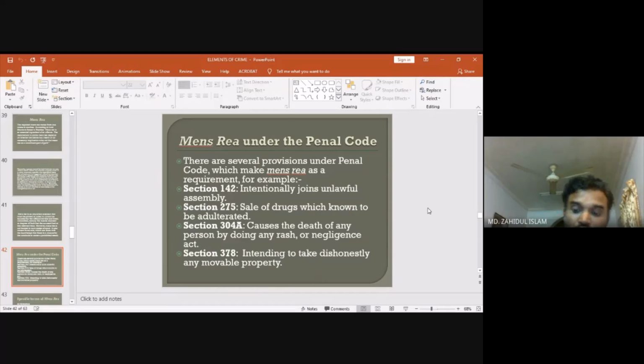So I hope all of you are clear about the elements of crime. I just tried to give you the basics of mens rea and actus reus. If you don't understand what is mens rea, what is actus reus, then you will not understand the whole criminal law. So in our class we will explain mens rea and actus reus with case references.